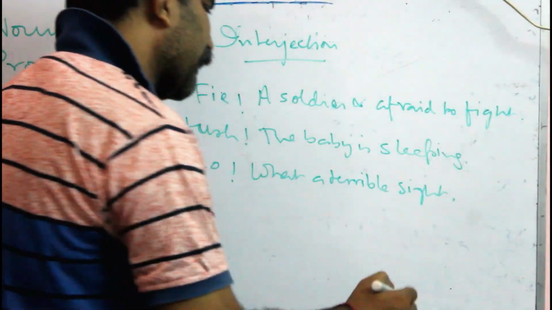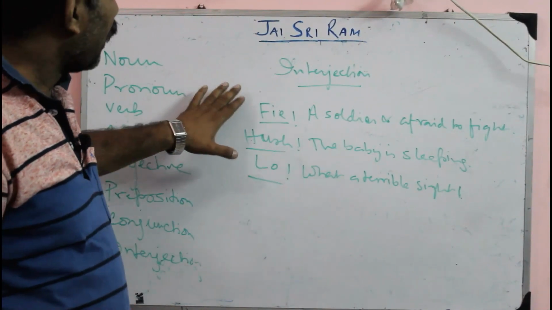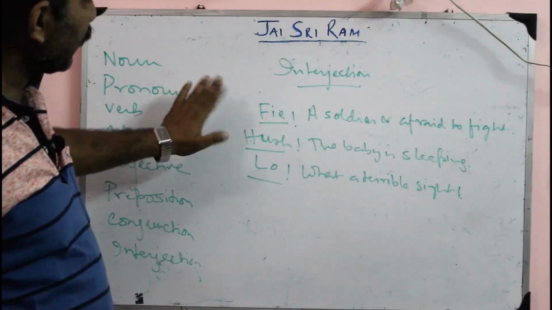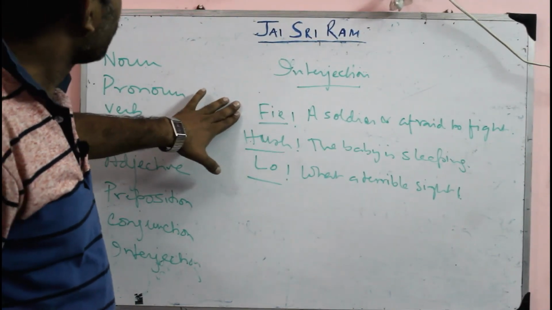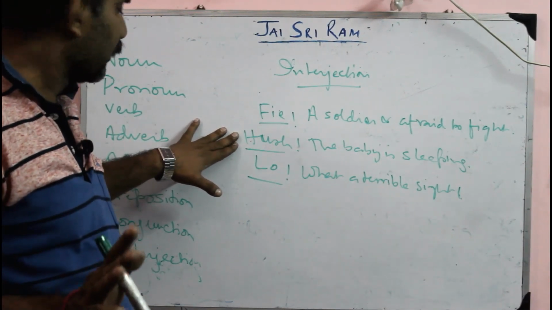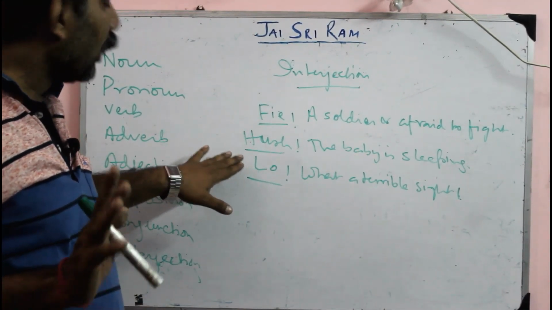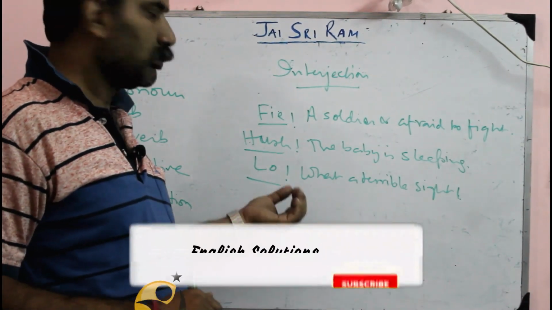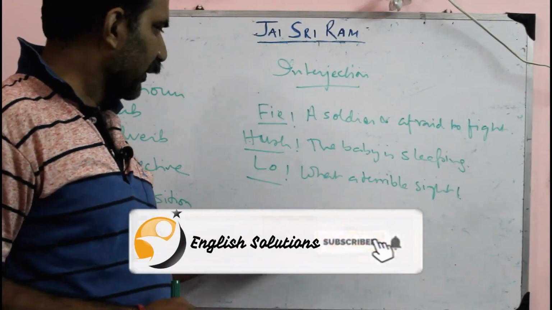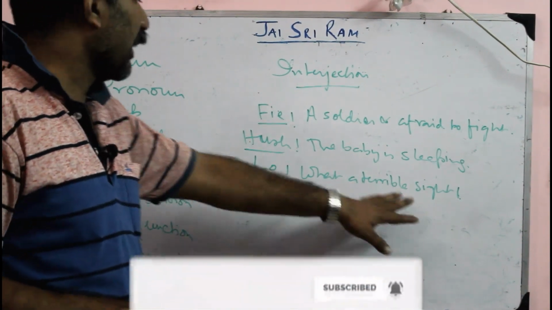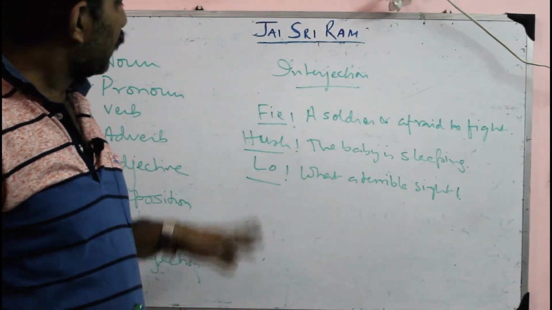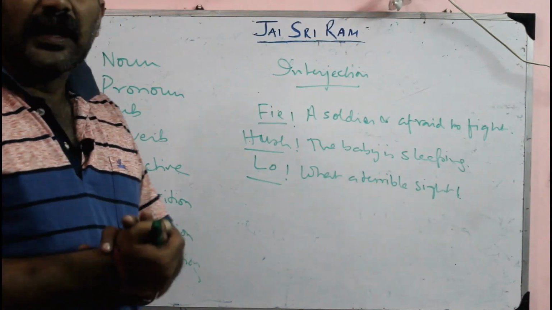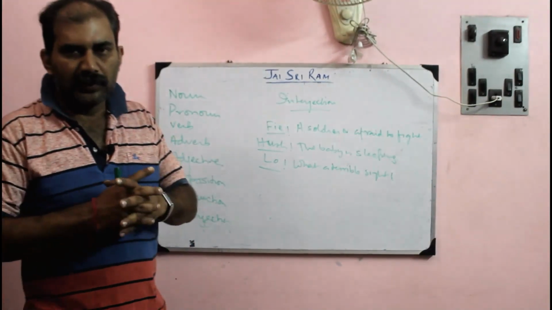Lo! What a terrible sight. So these are all examples of interjections, friends. Fie, which means shame, hush, silence, and lo means look. If you look at this sentence, it is a combination of an interjection and an exclamatory sentence. So these are all examples of interjections, and that's all so far as the topic of parts of speech is concerned.